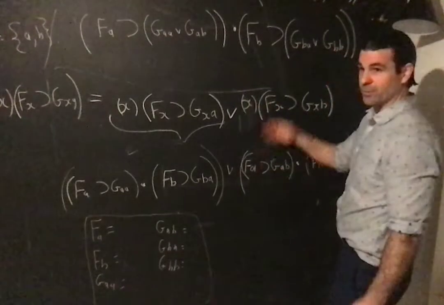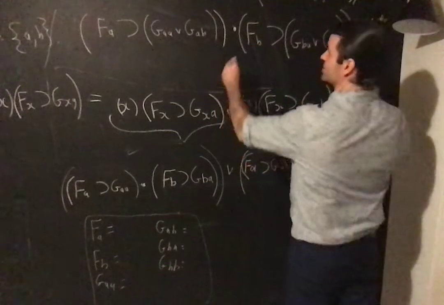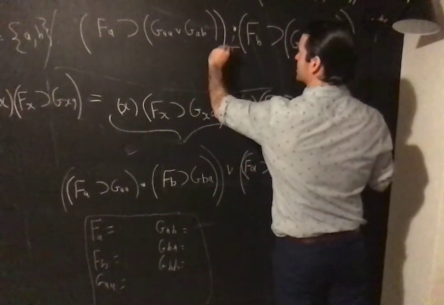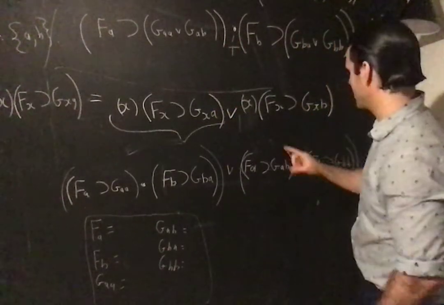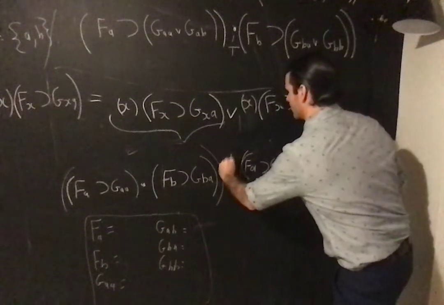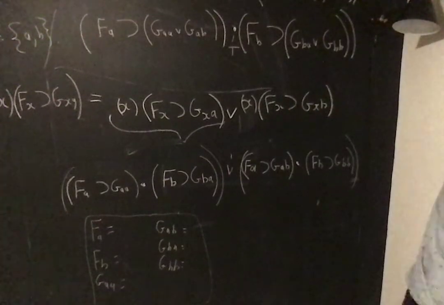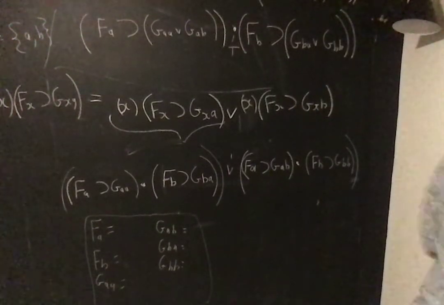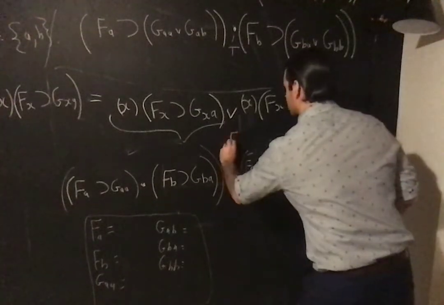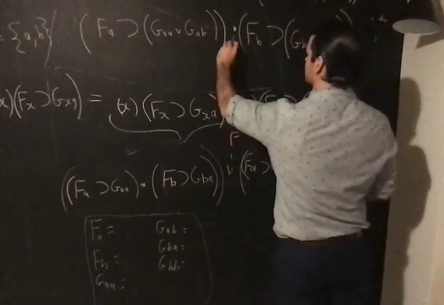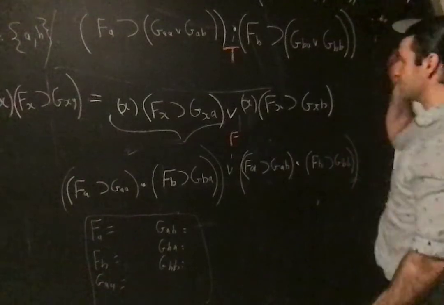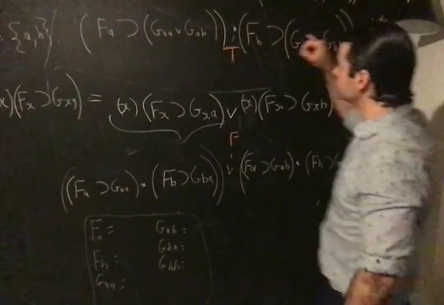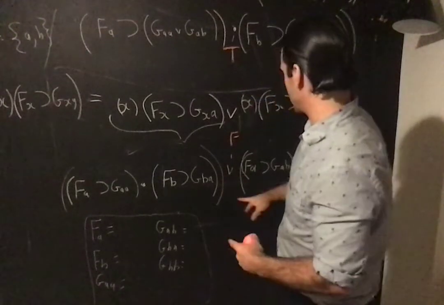That means what? The major operator has to be true. This is a conjunction. That conjunction has to be true, and this disjunction has to be false. Okay? So let's see how we might do it.